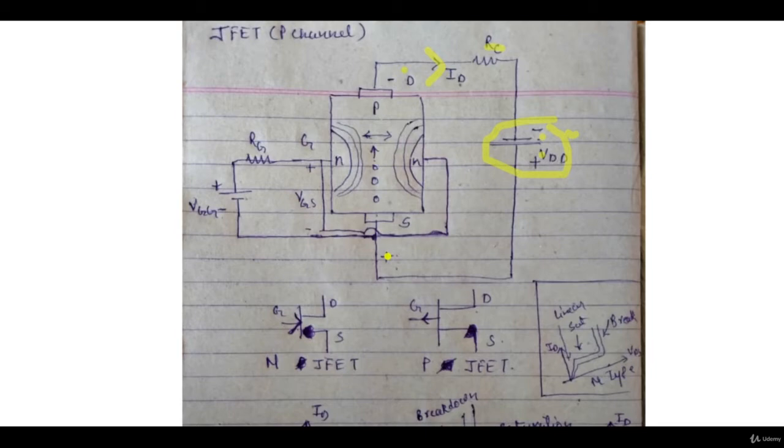Since the holes will try to go to the electron side, the current is in this direction. So holes will go from source to drain, and the current direction will be the holes' direction only, so ID will be in this direction. I hope it is clear.